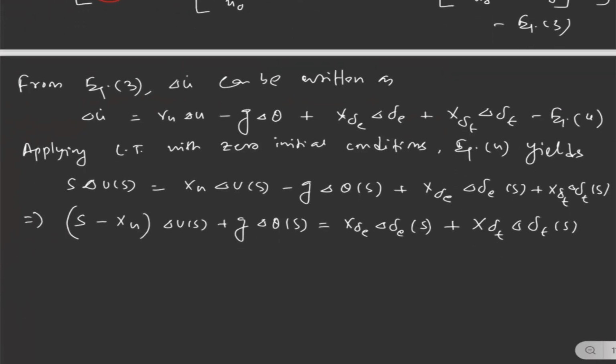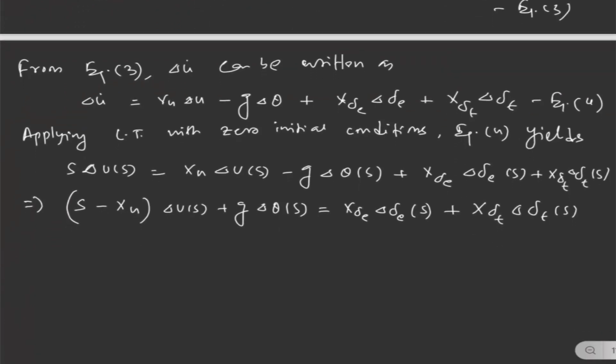Here, if you notice, there are two control inputs: capital delta_E and capital delta_T. But as per the analogy of the transfer function, we can find it only if we have a SISO system. But here we are having two inputs. So we have to assume one input at a time.